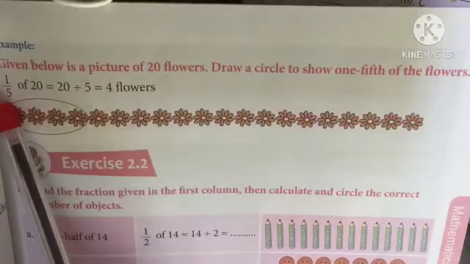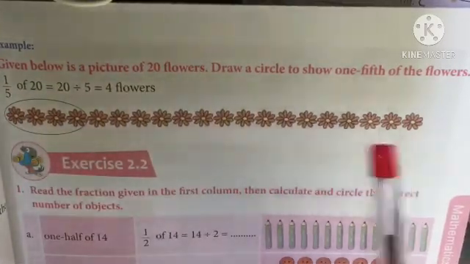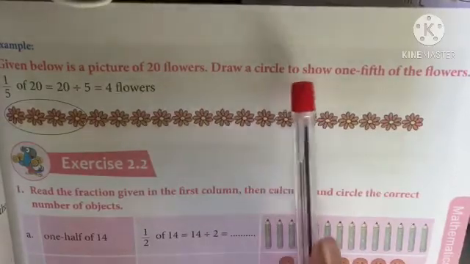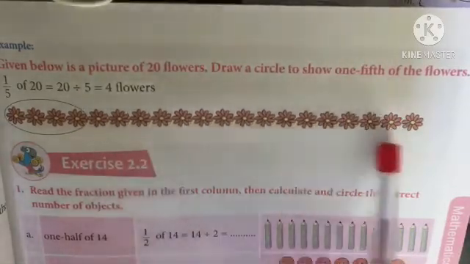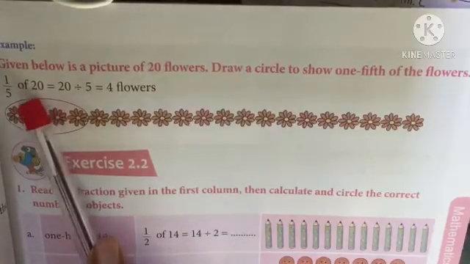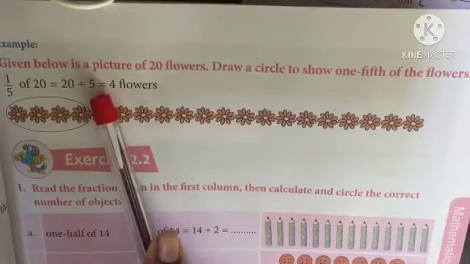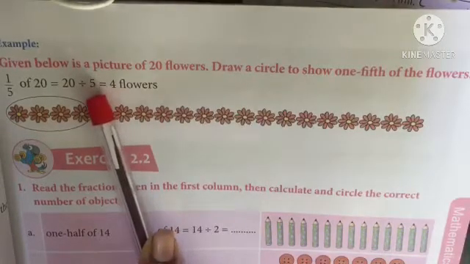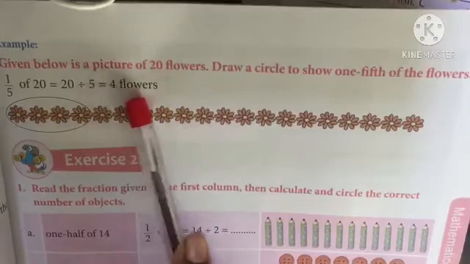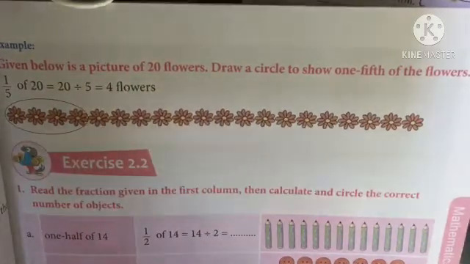So it's 1/5 of 20. We want to find 1/5 of these flowers. So 1/5 of 20 is 20 divided by 5. How much is it? 5 into 4 gives 20. So it's 4 flowers. So circle 4 flowers.